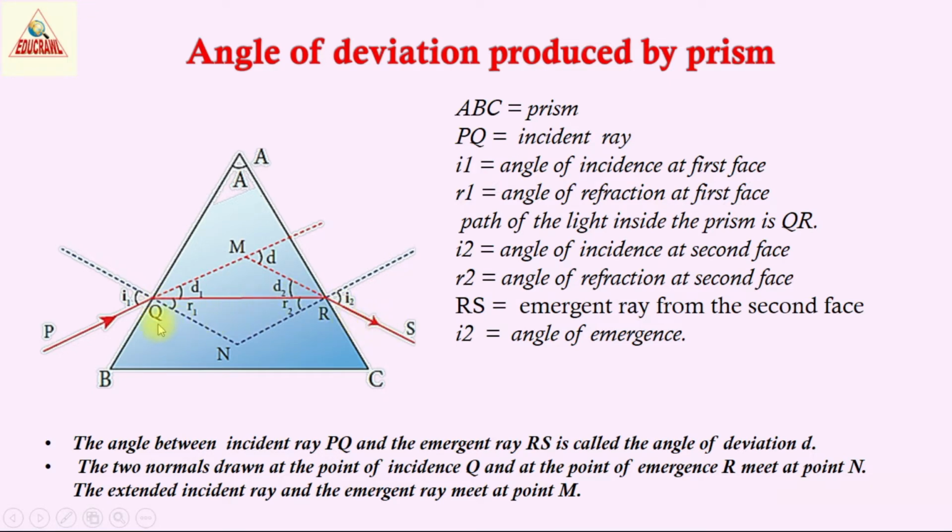To find the angle between them, we are extending these two rays and they meet at a point M and here you can see the angle of deviation formed, which is D. The red dotted line represents the incident ray and the emergent ray which are extended.